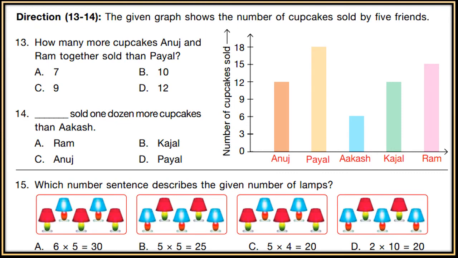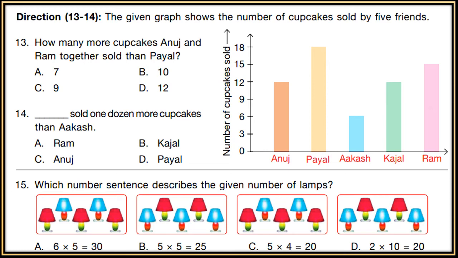Question number 13th and 14th. The given graph shows the number of cupcakes sold by 5 friends. So question number 13th. How many more cupcakes Anuj and Ram together sold than Payal? Now from the graph we can see Payal sold 18 and Anuj and Ram together. Now calculate.